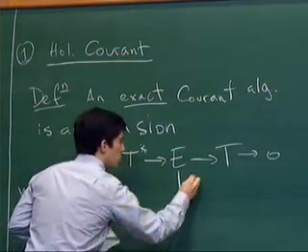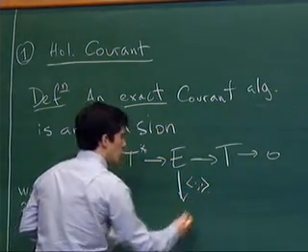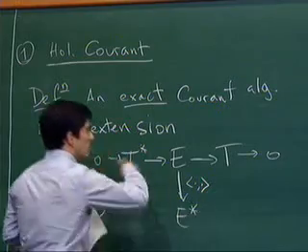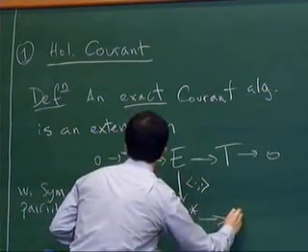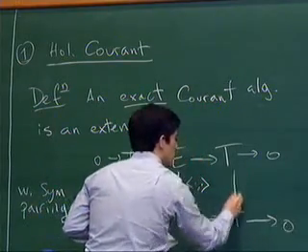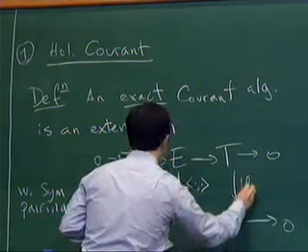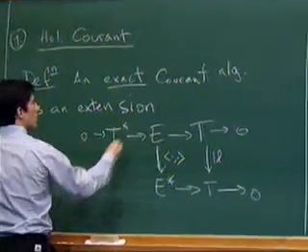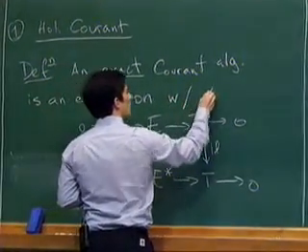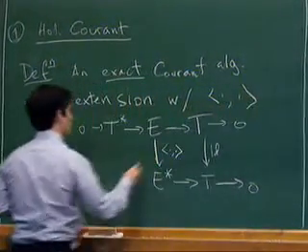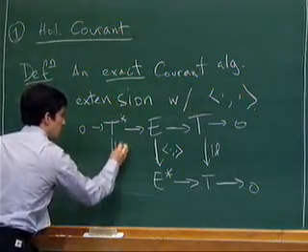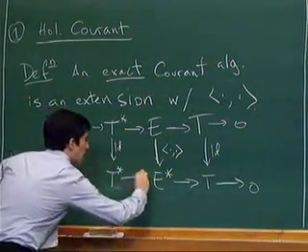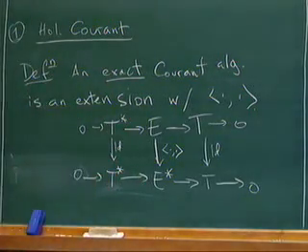The symmetric pairing should give me an isomorphism from this sequence to the dual sequence, where this is just the identity map, and this is also just the identity map. So I want this to be an isomorphism of extensions.